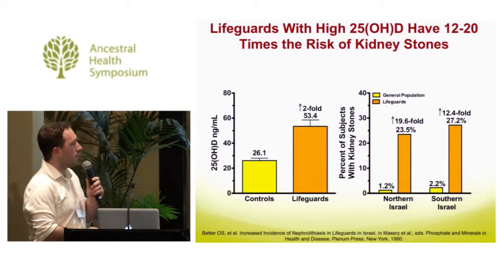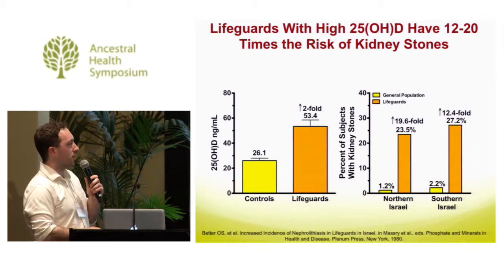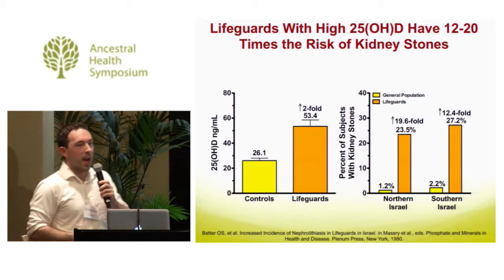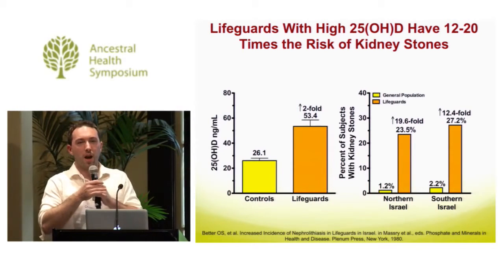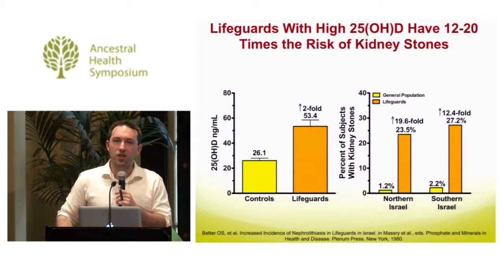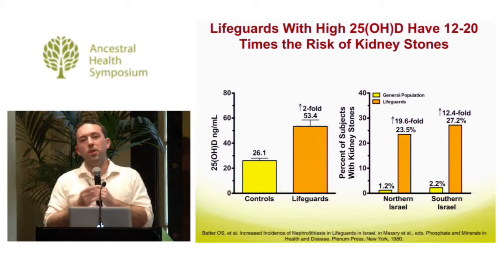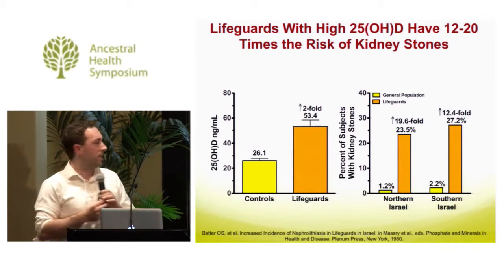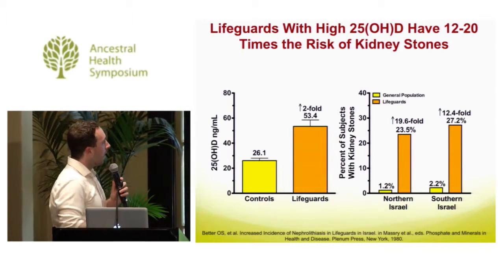But that's because the general population in southern Israel has twice the incidence of kidney stones as in northern Israel. And that's consistent with lots of observational studies showing that as you get closer to the equator, you get higher risks of kidney stones, and that could be related to increasing vitamin D status.